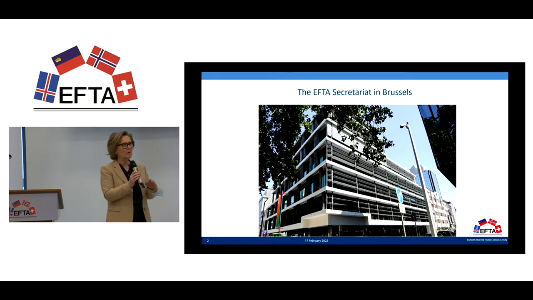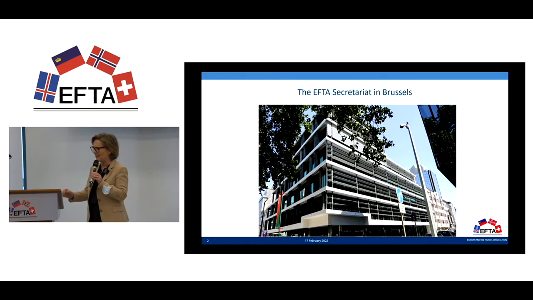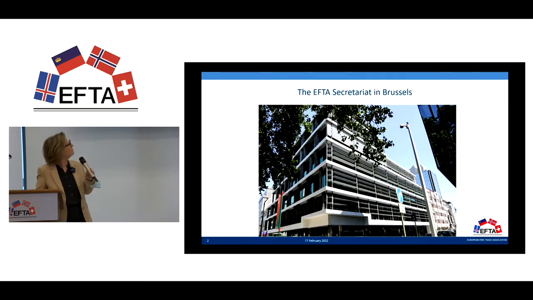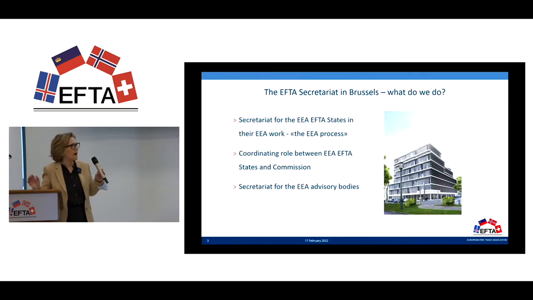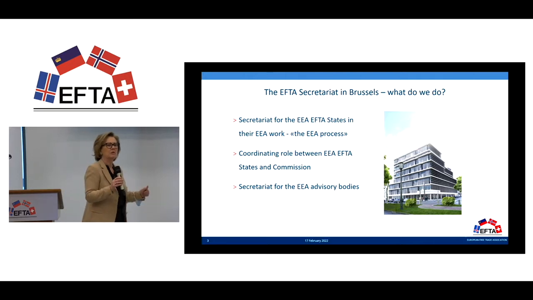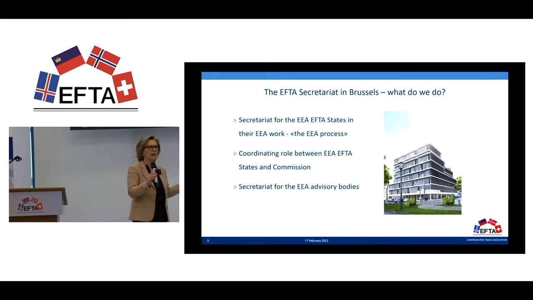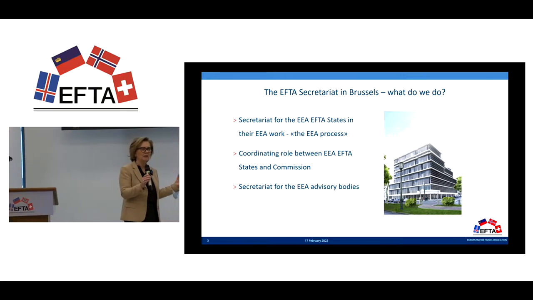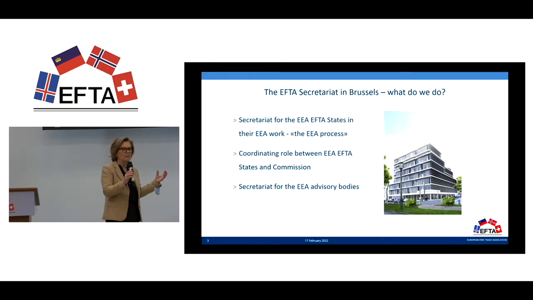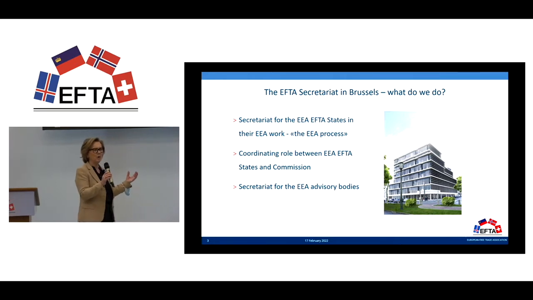So, what is it that we do in the EFTA Secretariat here in Brussels? Well, our core function, to put it very short, is to assist our member states in all their work related to the EEA agreement, what we call the EEA process.